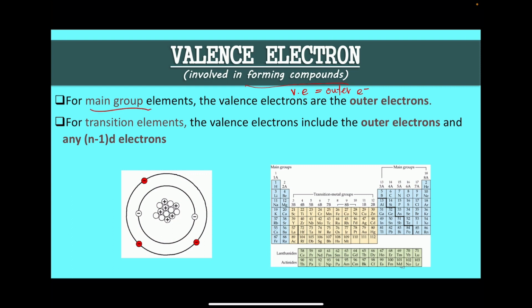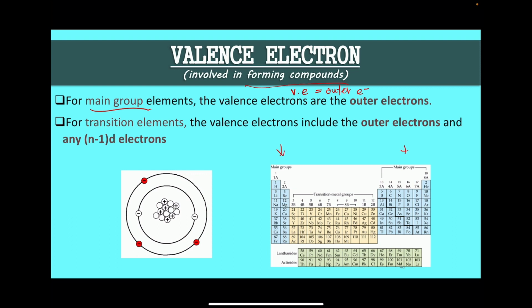Kalau kita tengok dekat periodic table, main group elements are located into part 1, group 1 and group 2, and part 2, group 13 until group 18. Group 13 and group 18 ni adalah non-metal. For group 1 and group 2 adalah metal elements. So the valence electron for main group's element is equal to the number of outer electrons. Itu for the main group elements.